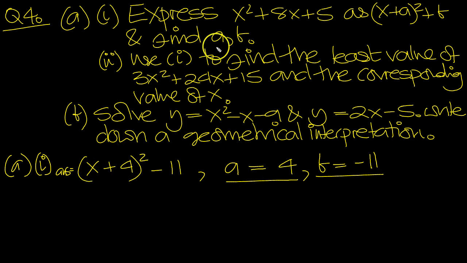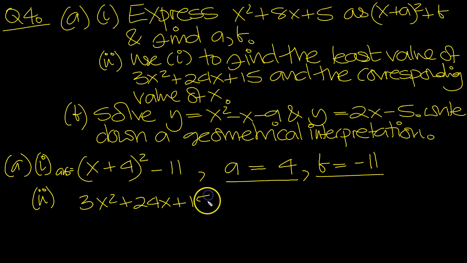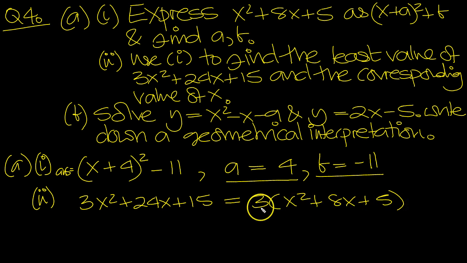Okay, x squared is that when you square the bracket, plus the 8x, plus the 16, take 11 is the 5, of course. So part 2. The least value of this, 3x squared plus 24x plus 15 then. There's a 3 common all the way through, so let's take that out, and that would leave the x squared plus 8x plus 5 inside the bracket, wouldn't it, when we take the 3 outside.